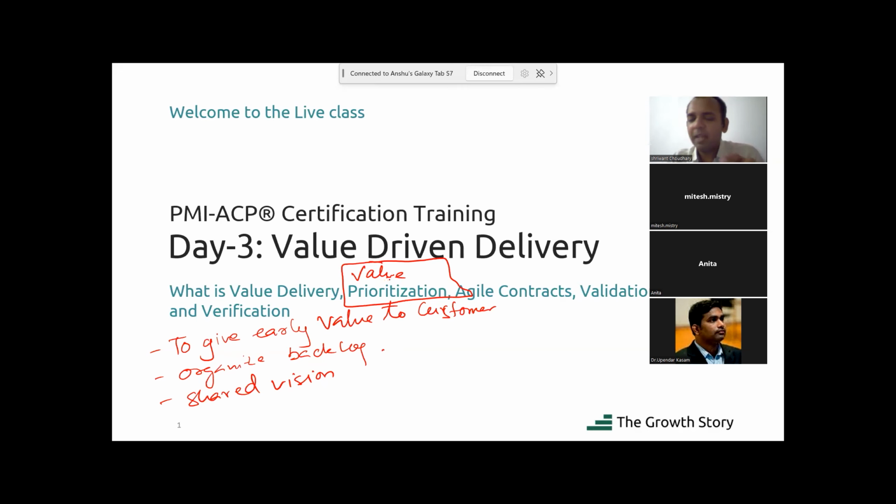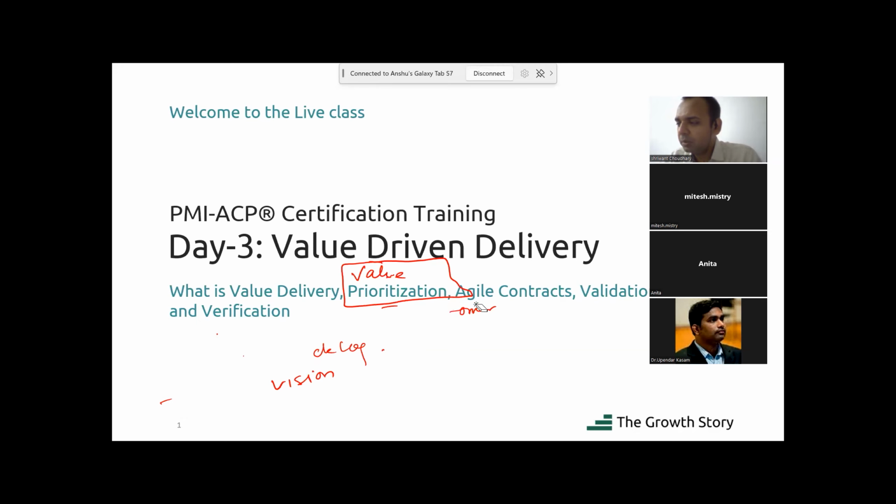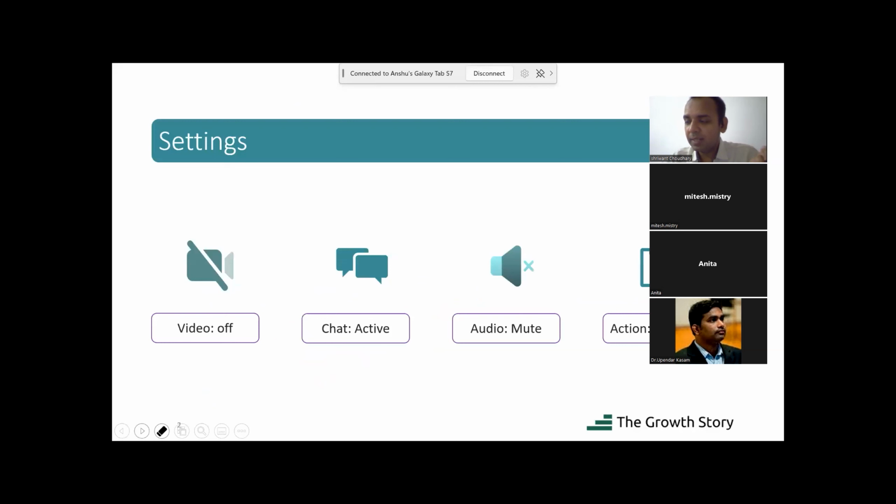The core is value. When we talked about value, we also talked about the user, value for whom, right?